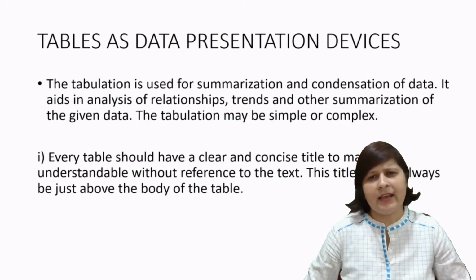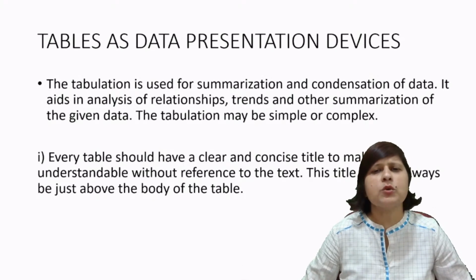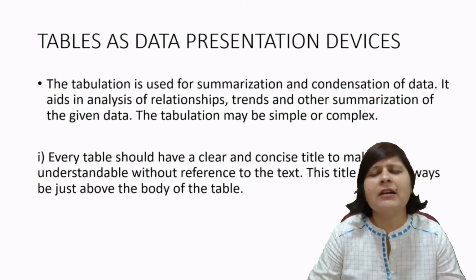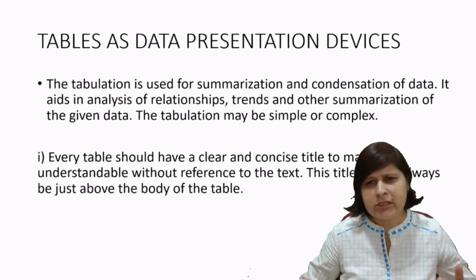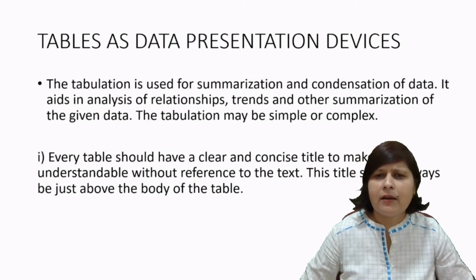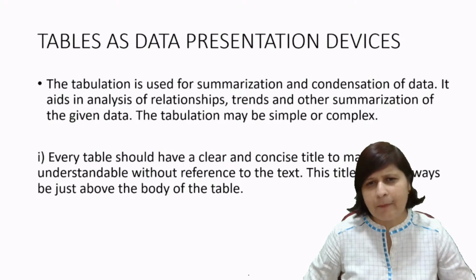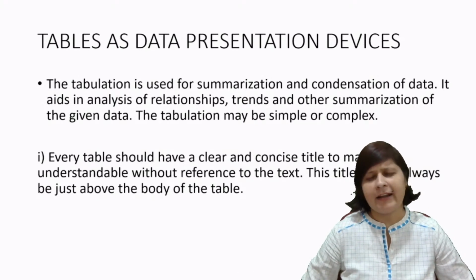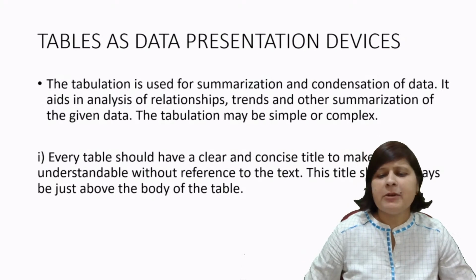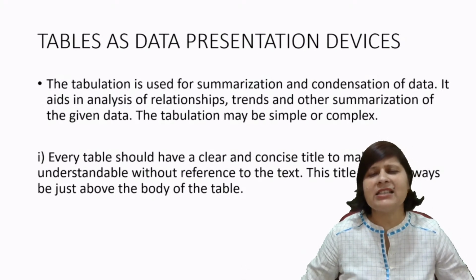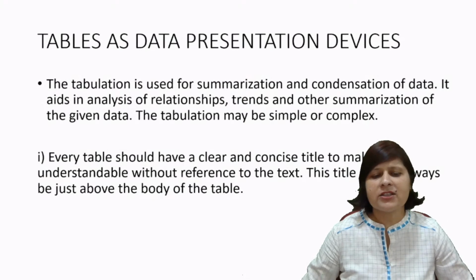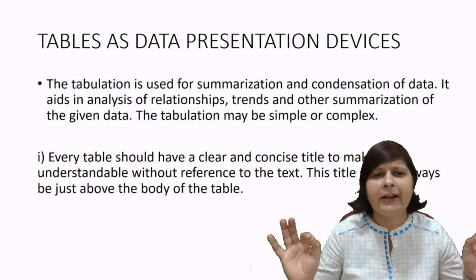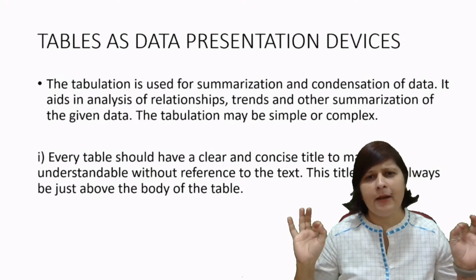There are certain characteristics of a table, or certain do's and don'ts while you are presenting your data in tabular form, which you should consider while presenting your data in a table. That is, every table should have a clear and concise title to make it understandable without reference to text. There should be a heading for each and every table.